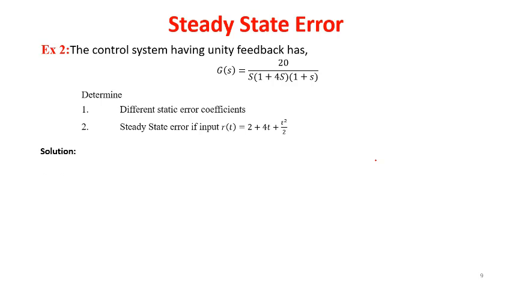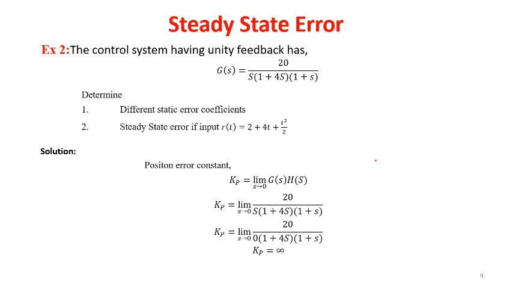Solution. First we need to find the static error coefficient, that is the positional error constant Kp, which is limit g of s h of s as s tends to 0. Here g of s is 20 divided by s (1 plus 4s)(1 plus s), and h of s is 1 for unit feedback.